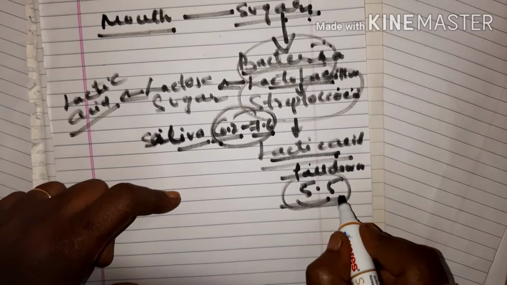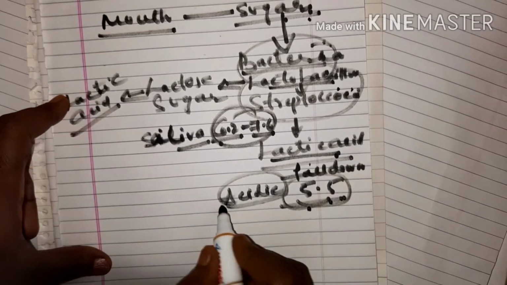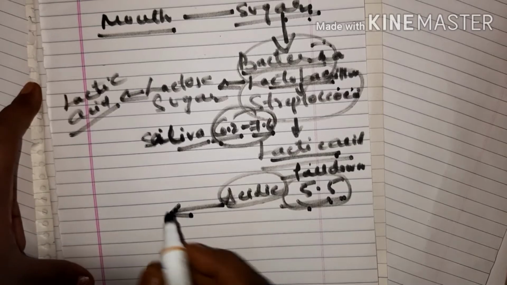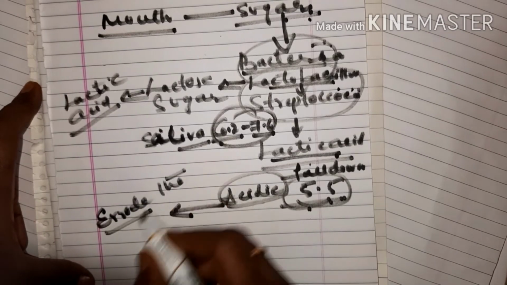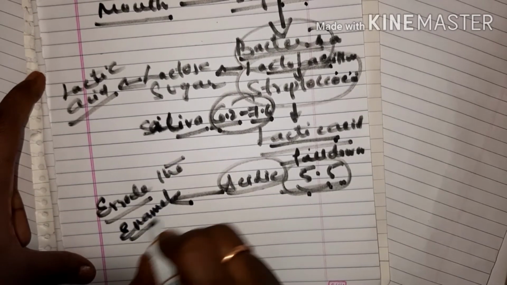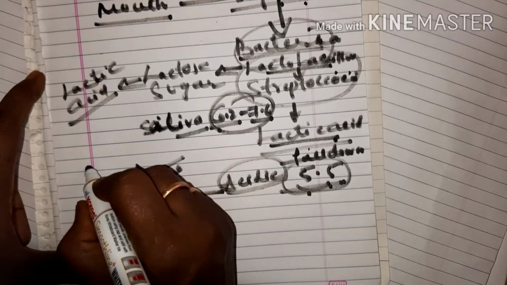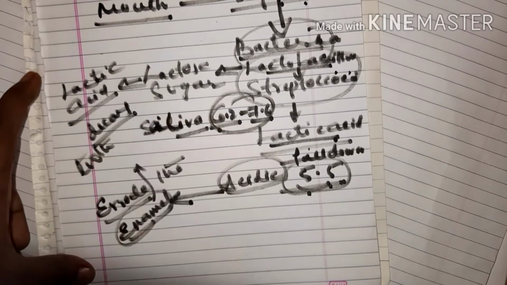It falls down to 5, which is highly acidic. You all understood? This acidic concentration will erode the strongest part of the tooth, which is the enamel, and leads to tooth decay. You all understood, children, what is the process involved in tooth decay?